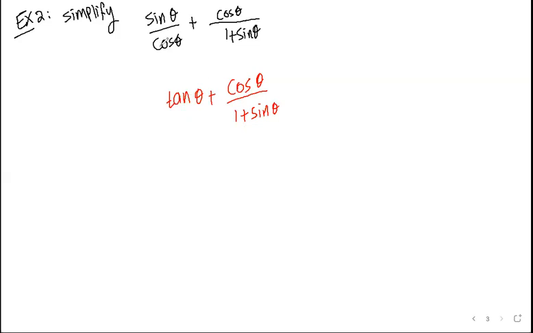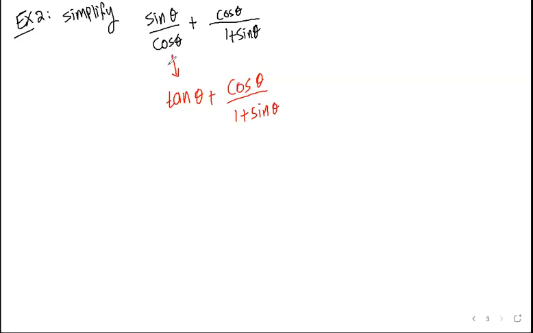Here is William. The question is asking for simplifying. So when you convert the sine over cosine to tan, that is not simplifying. To simplify means to make the answer in terms of sine or cosine. Oh, okay, simplifying like changing everything to sine and cosine.